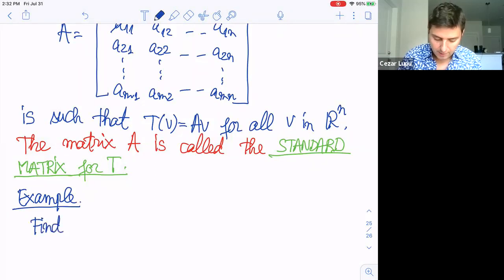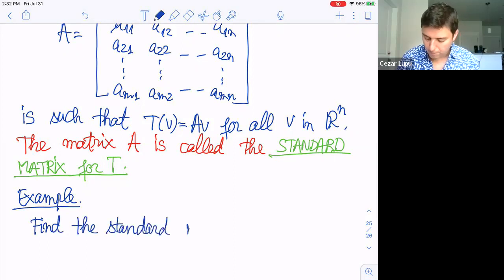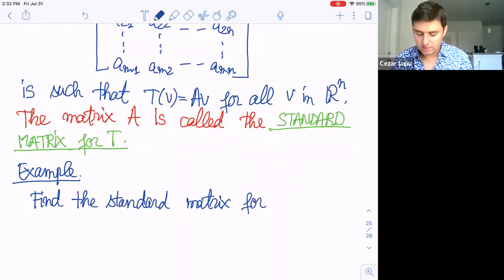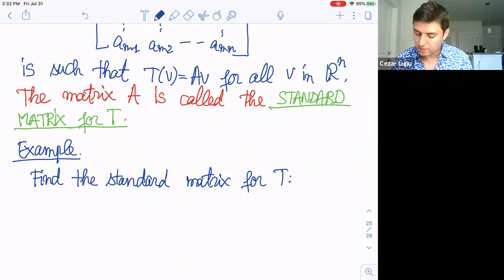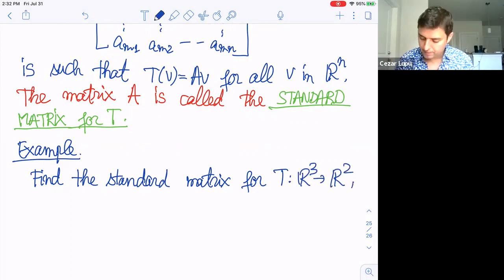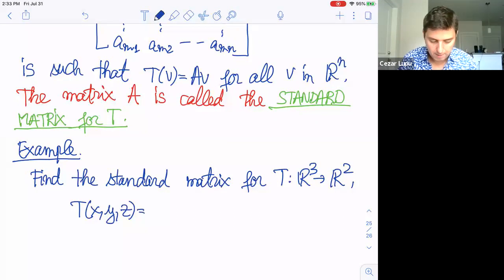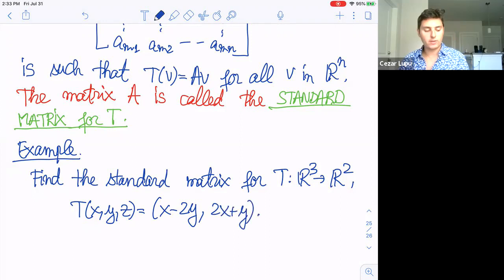Find the standard matrix for this linear transformation T from R3 to R2. T of x, y, z will be x minus 2y and 2x plus y, let's say. And I want to find the standard matrix.